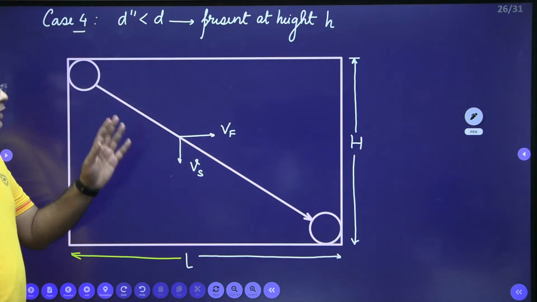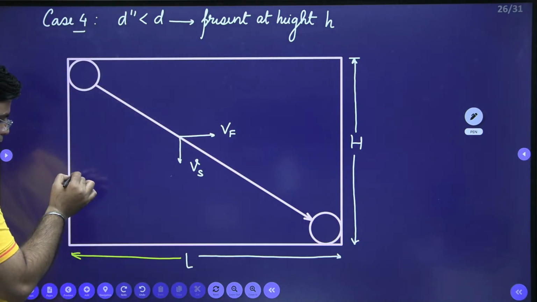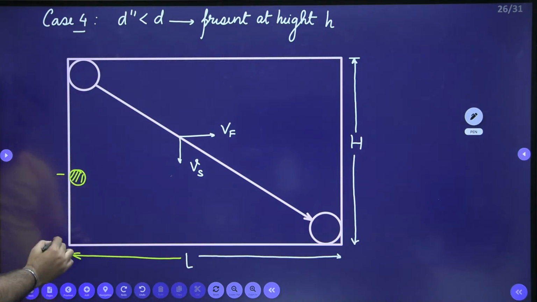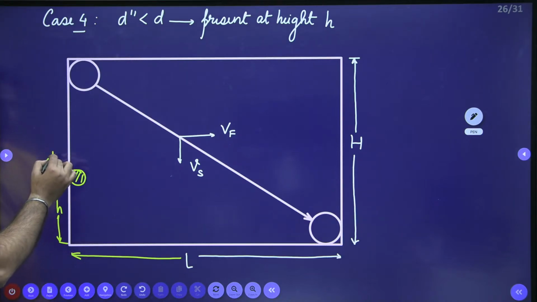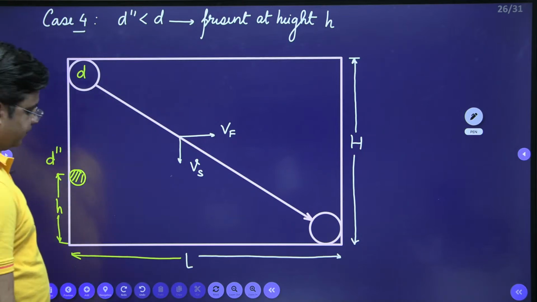Now what this case is saying, that smaller size of particle, this is the smaller size of particle. This smaller size of particle d double dash is present at some height small h. This is the concerned size of the particle d, right?